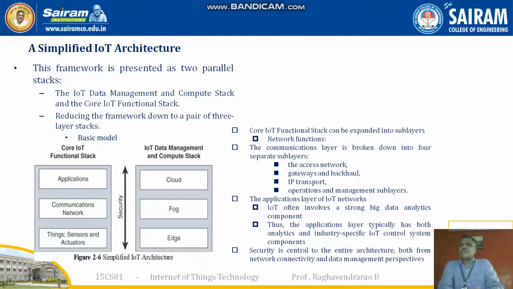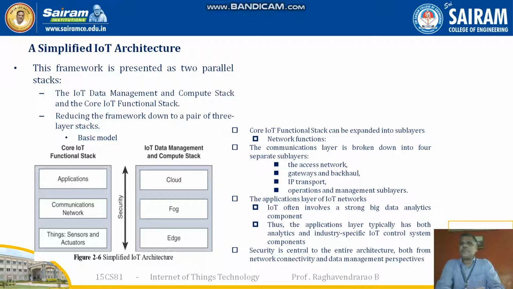Here that has been explained in another detailed manner. The core functional stack can be expanded into sub-layers. There are network functions. The communication layer is broken into 4 layers: the access network, gateway and backhaul network, then IP transport, and finally the operations and management subsystems.